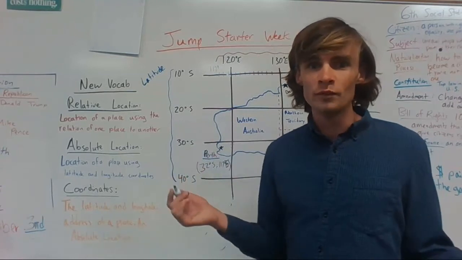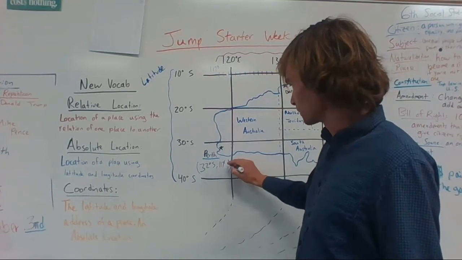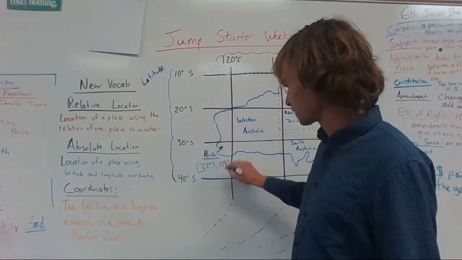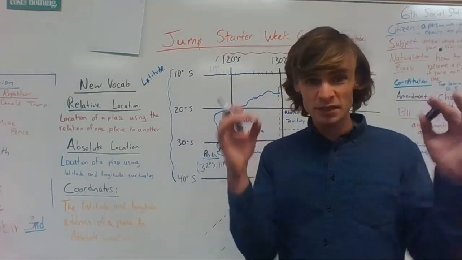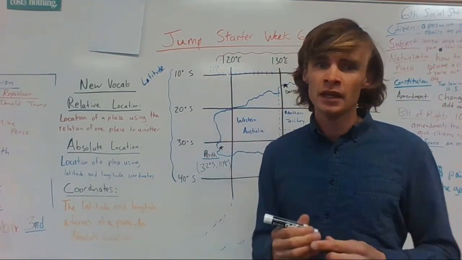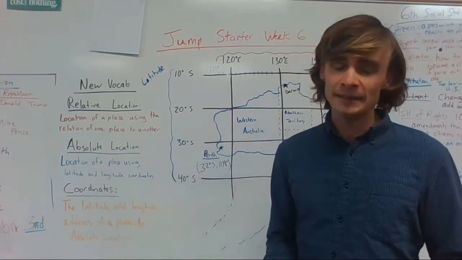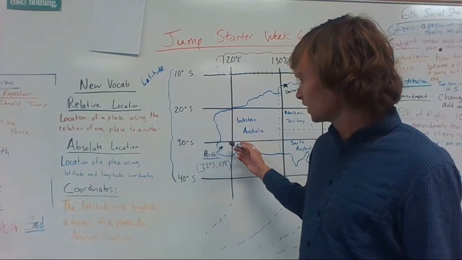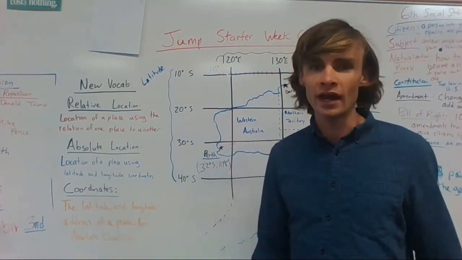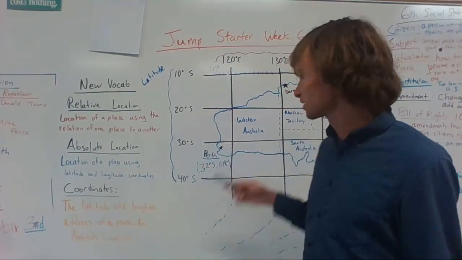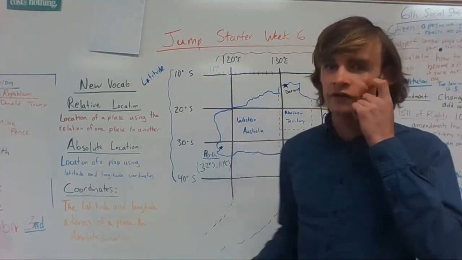And that is how I would estimate the coordinates of Perth. So let me just make that a little bit clearer there. 117 degrees east. And that would be my absolute specific location of Perth. If I wanted to give a relative location of Perth, I could say that Perth is just inland of the ocean, or I could say it is just along the coast, or I could say it is in the southwest corner of Western Australia.